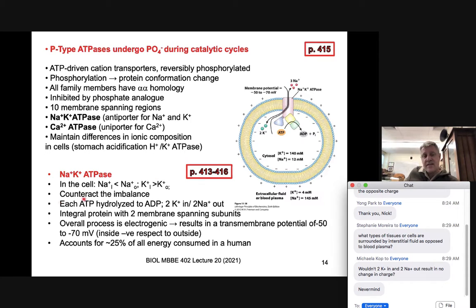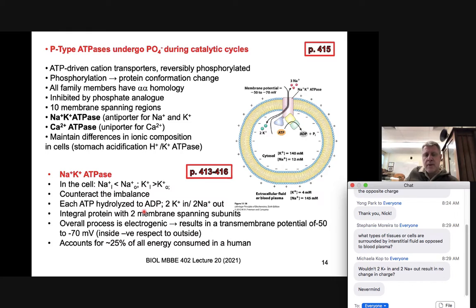So in this case, ATP is hydrolyzed to move 2 potassiums in at the expense of 3 sodiums out. So there's a mistake there. I have to change that. It's 3 sodiums out.